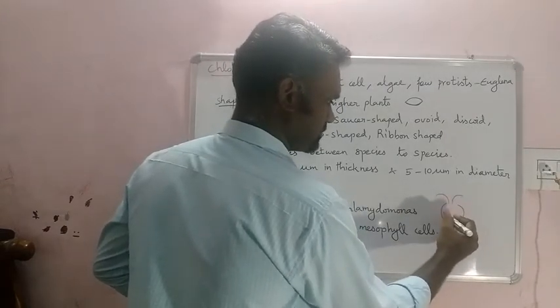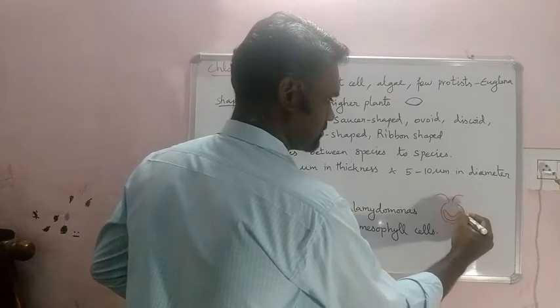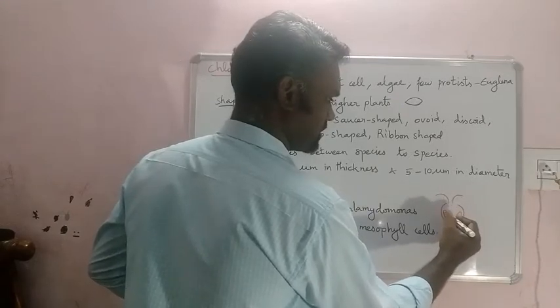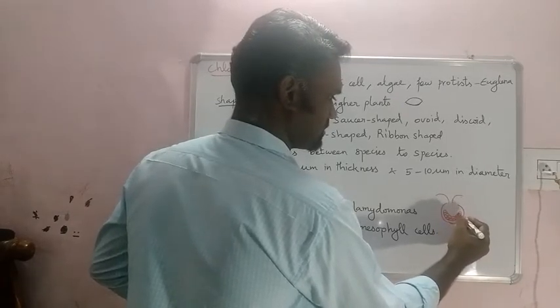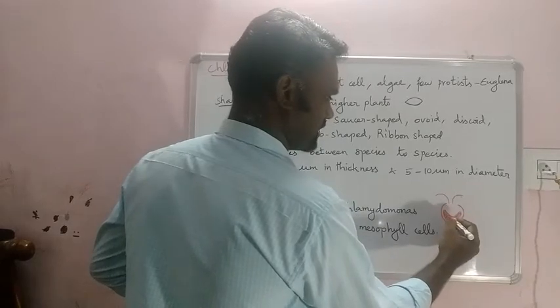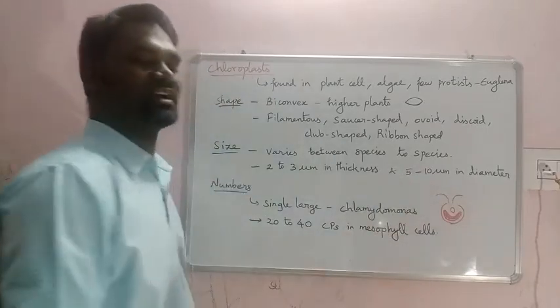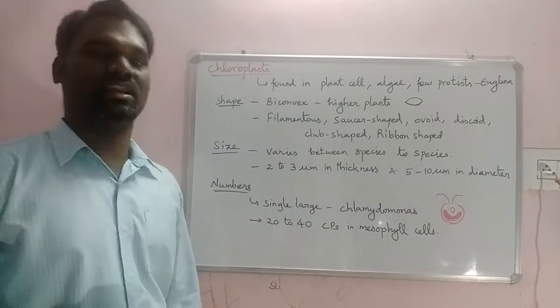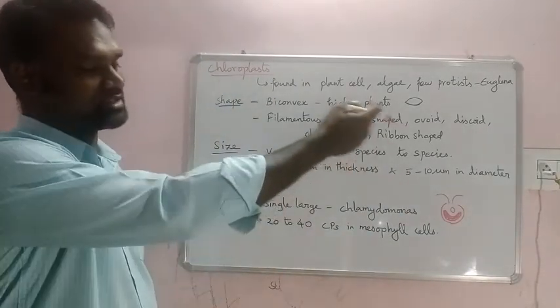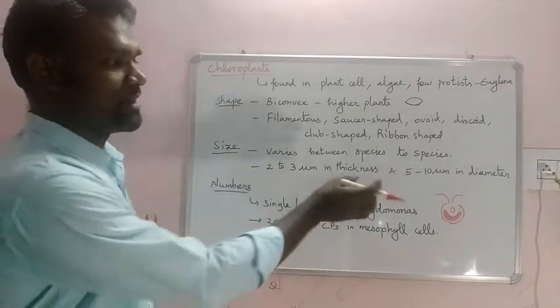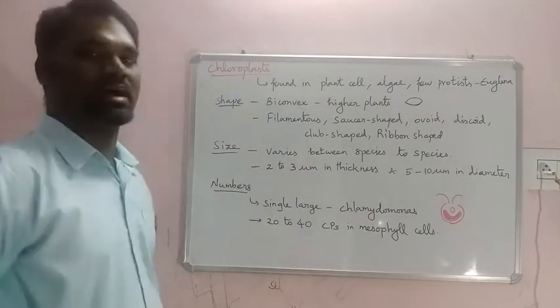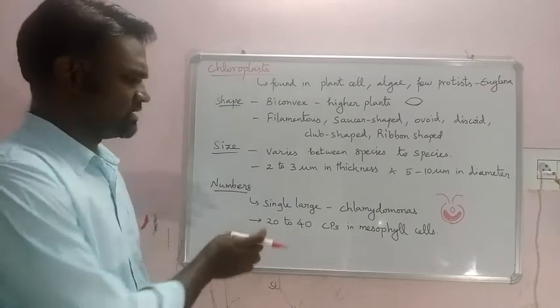Apart from this structure, we can find other cell organelles, right? Nucleus, mitochondria, these other cell organelles will be available. But the maximum space is occupied by chloroplast in Chlamydomonas.